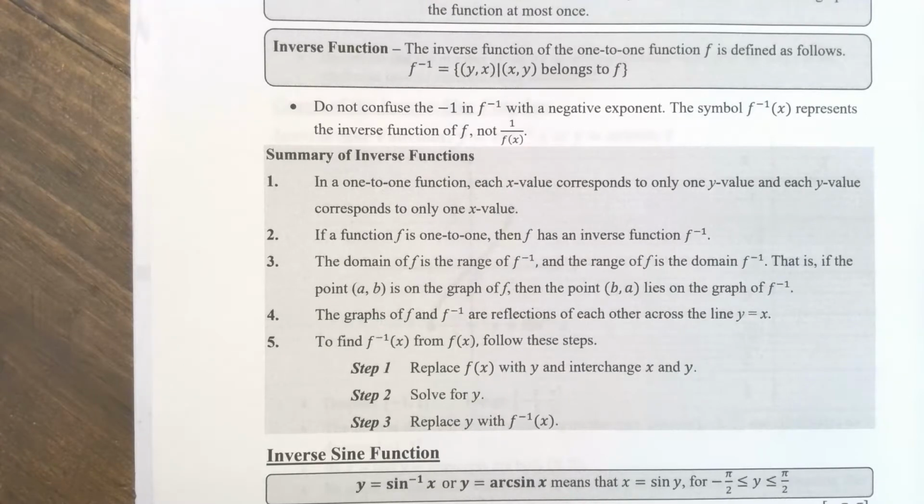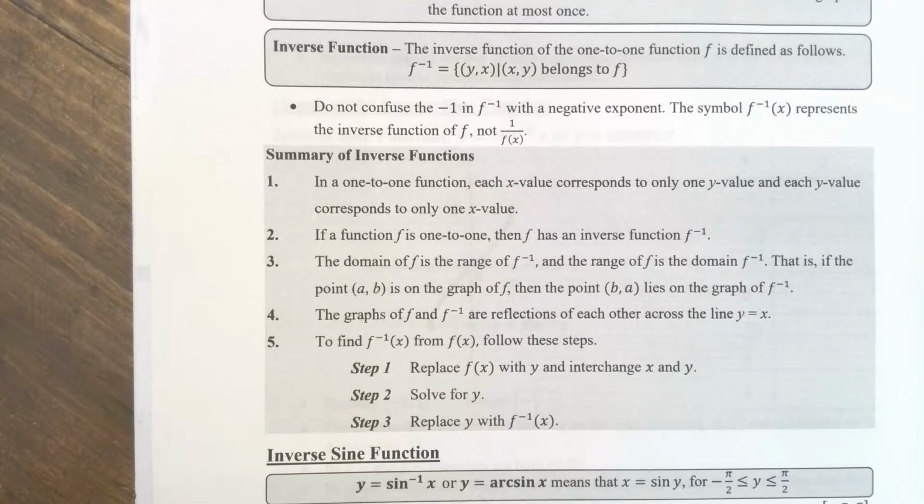The domain of your function is the range of your inverse, and the range of your function is the domain of your inverse. That's because we're swapping x and y values, so all the x values of your function become the y values of your inverse. The graphs of f and f inverse are reflections of each other over the line y equals x.